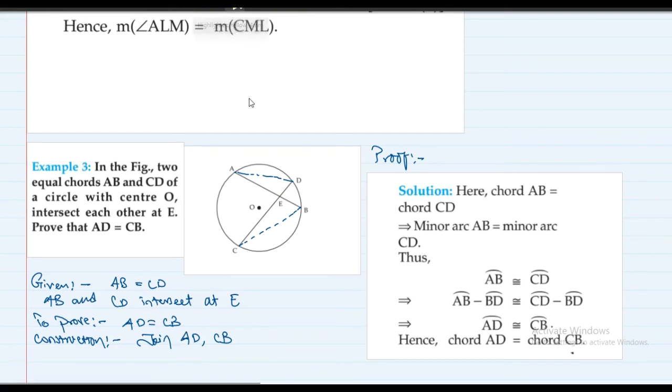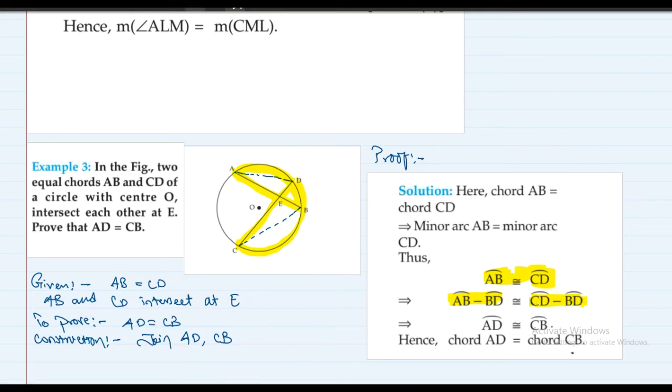So if chord AB is equal to chord CD, then minor arc AB will be equal to minor arc CD. Now if we subtract this common part, that is BD, from both sides, we get arc AB minus arc BD is equal to arc CD minus arc BD.